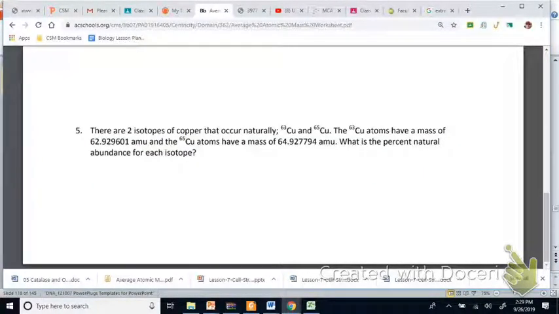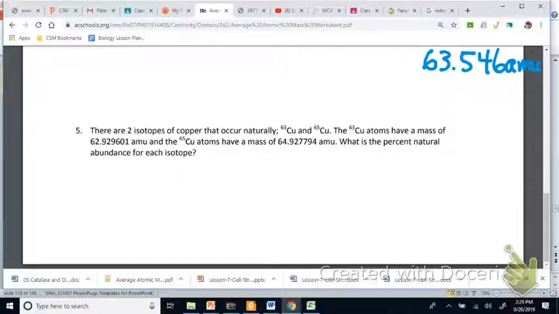So let's take a look at question 5. So question 5 is a little different. We're given the average mass of copper on the periodic table. If you consult the periodic table, you will find that copper has a mass of 63.546 AMUs.